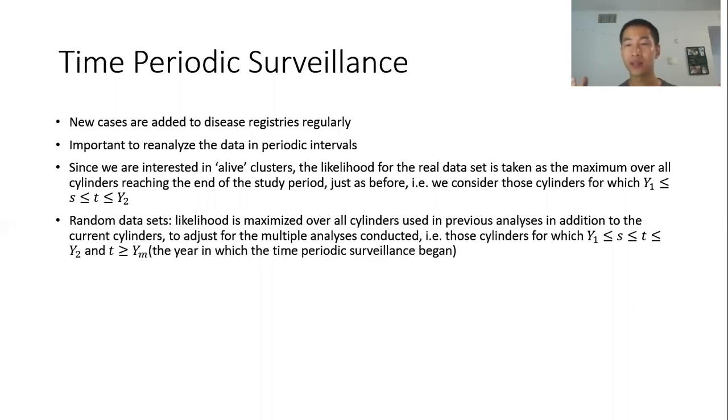Still, we are interested in the alive clusters. However, while calculating for the random datasets or for the null hypothesis, there is a difference. The likelihood is maximized over all cylinders in addition to the current cylinders.